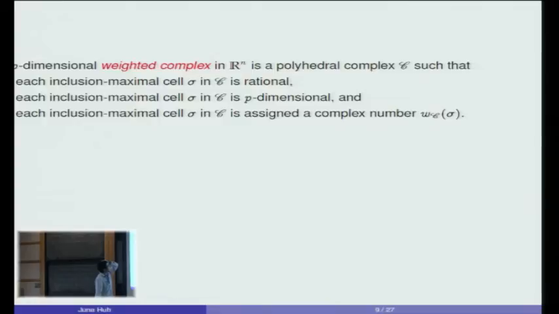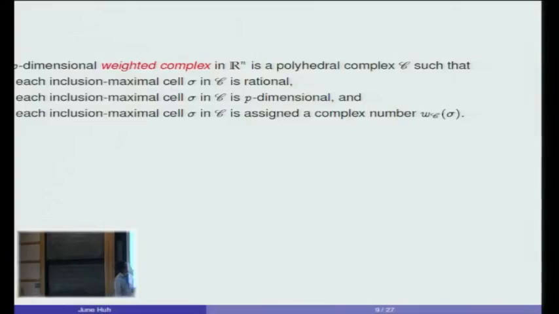So I'll say that a polyhedral complex is a p-dimensional weighted complex in R^n if each maximal cell sigma in the polyhedral complex is rational, meaning that it's defined by a set of rational inequalities, and it is pure dimensional. Every maximal cell is p-dimensional.